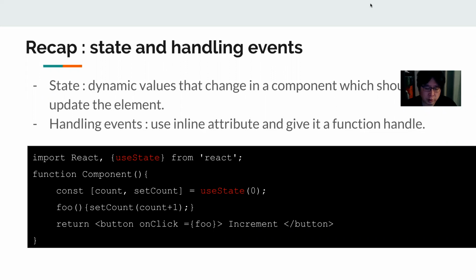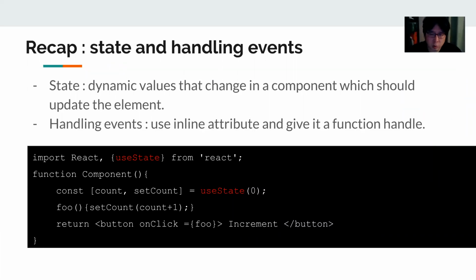A prop is a property passed from its parent: when the parent component declares a child component as an HTML tag, it can pass properties as attributes. State instead is a dynamic value that changes in a component, and it will always trigger the rendering function.